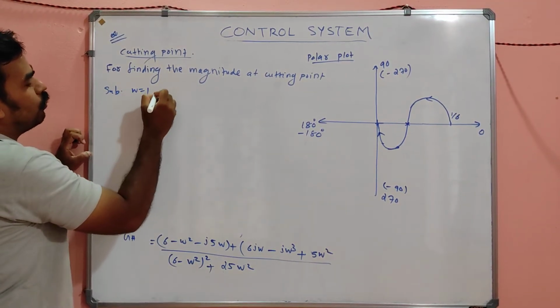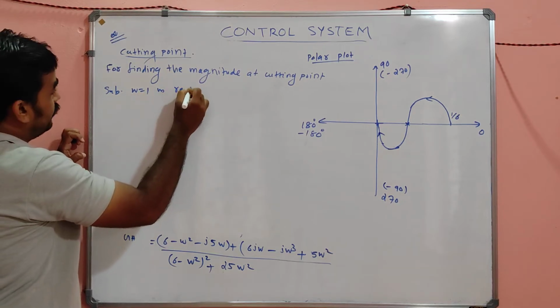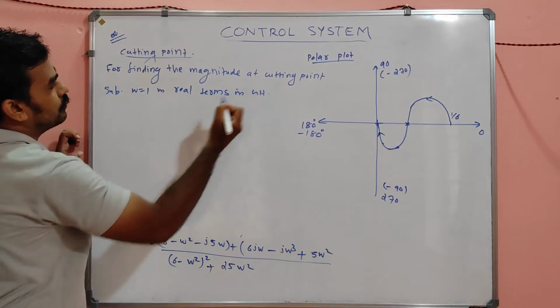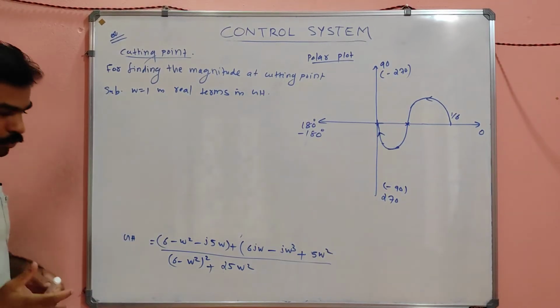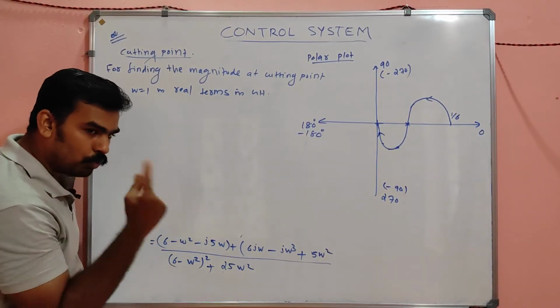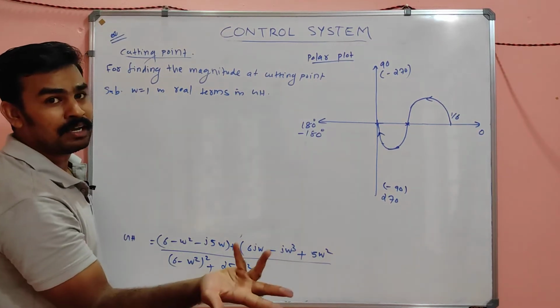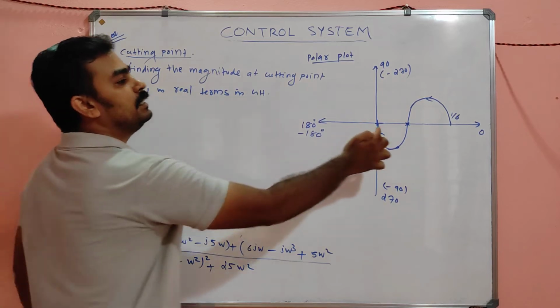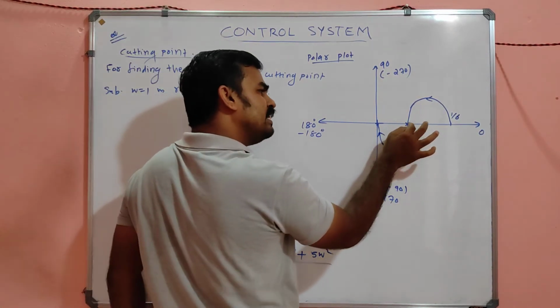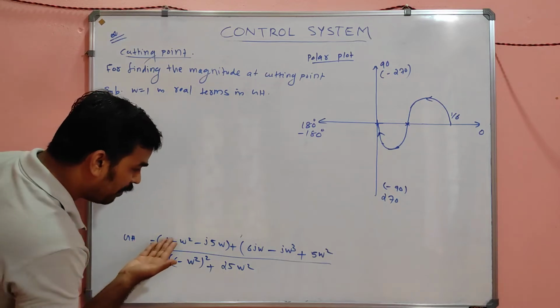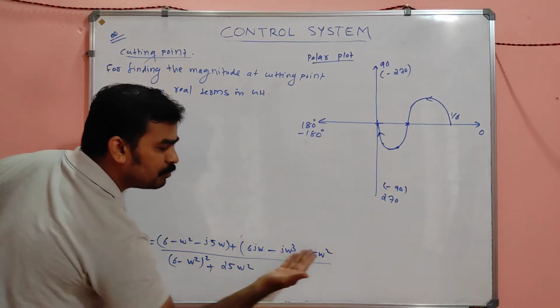Substitute omega equal to 1 in the real terms in GH, because the imaginary term is 0 now. So the remaining real terms will give one real answer.